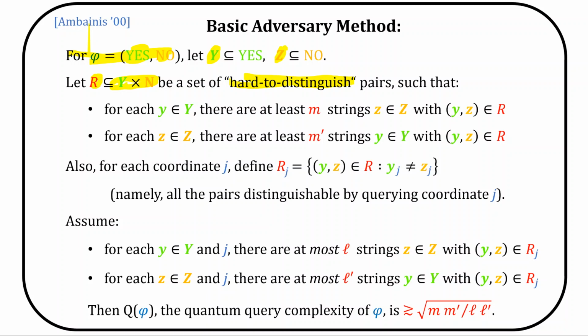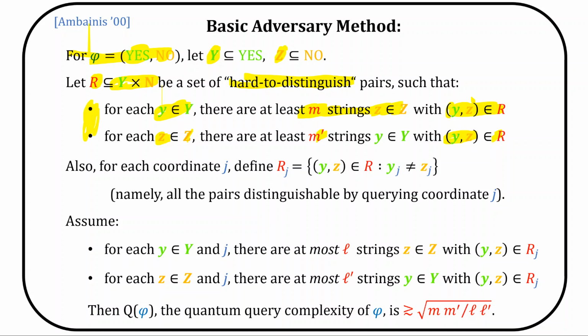And there are actually going to be several requirements on them. The first pair of requirements is going to be similar to before. We're going to require that for each little y in capital Y, there are at least m mates, little z, such that the pair yz is in our hard set, capital R. And conversely, for each little z in capital Z, there are at least m prime strings y where the pair yz is in capital R. So that's all looking similar to the super basic adversary method.